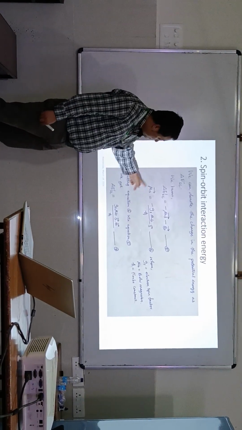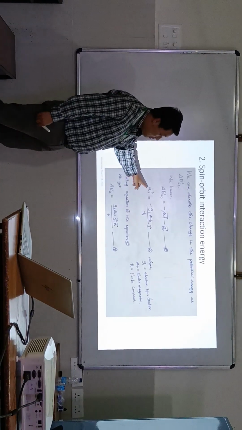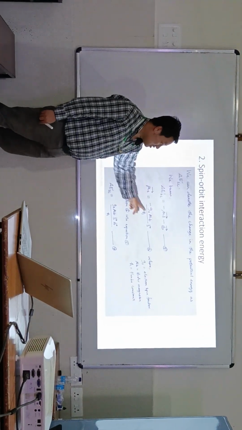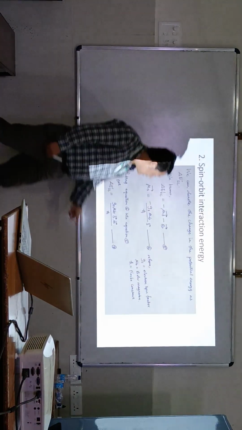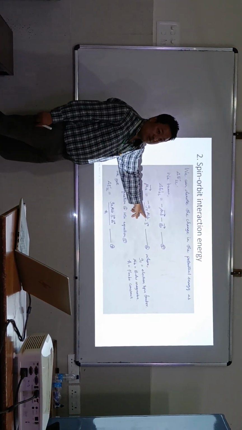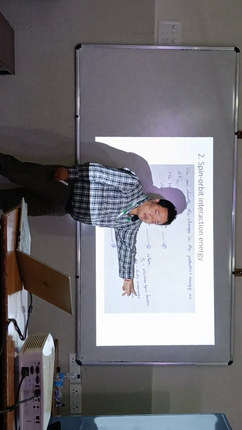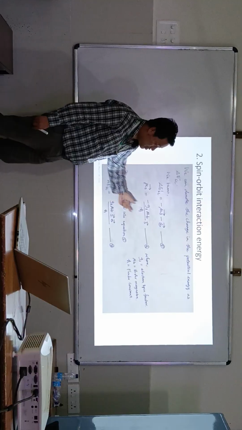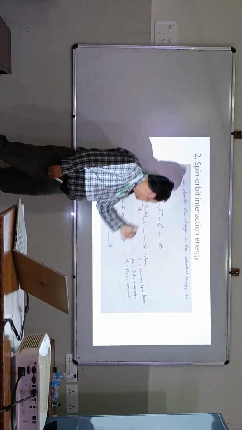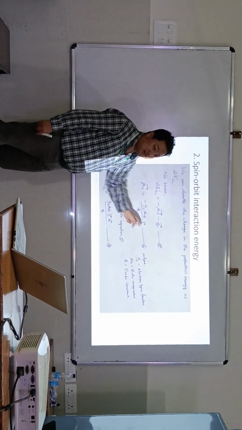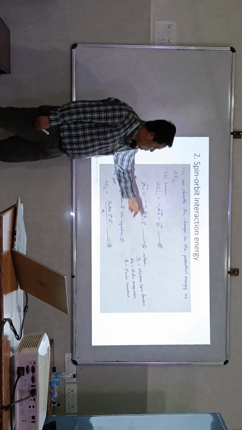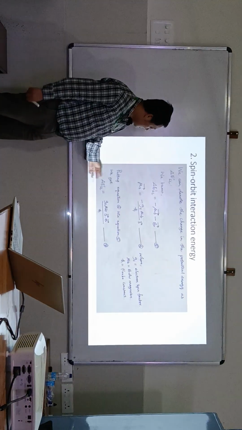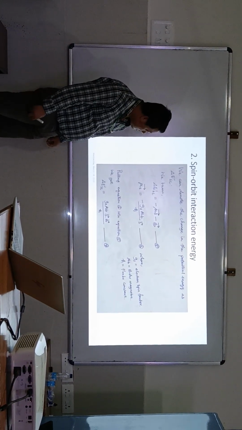Then the spin magnetic field, mu s vector, is given by negative g s, the electron spin factor, times mu b, the Bohr magneton, divided by h cross, the reduced Planck constant, times the spin vector. So this becomes equation 6. Now you put equation 6 in equation 5.